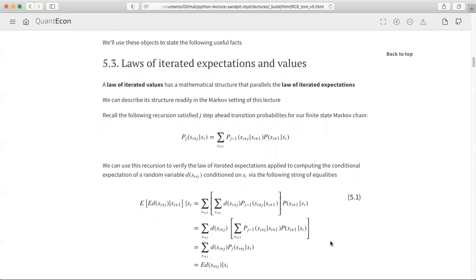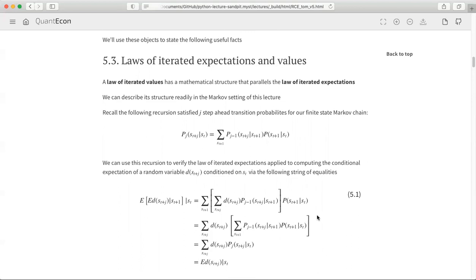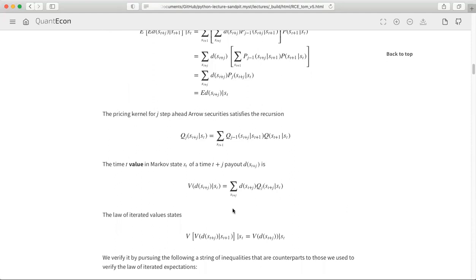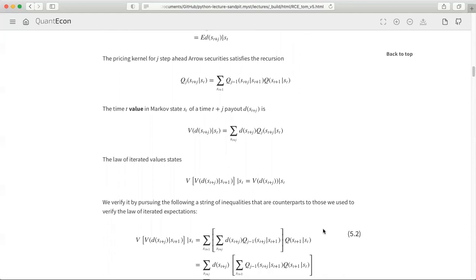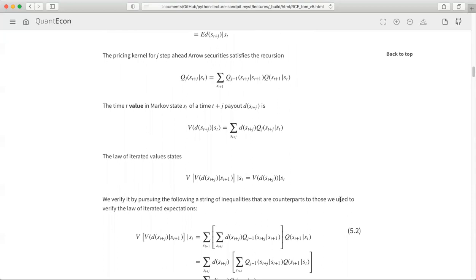I'll give you a hint. The answer is yes. And the proof is almost here, just with some replacements of subscripts with corresponding superscripts. And the same thing for the law of iterated values. I've just done it in this Markov context because that's what we're living in with this setup, with Arrow securities being traded with a Markov state.